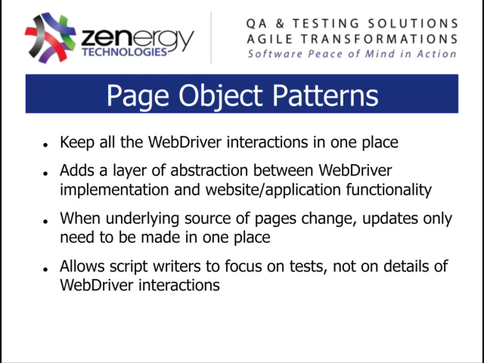But as a user of the page object, I really don't care if it's already mapped or not, as long as I know that it does what I want it to do, which is going through that page and interacting with the object. So as a test builder, I don't have to be as technical as the one who built the class. So you can have a separation between what we call automation engineer versus automation user. All right.